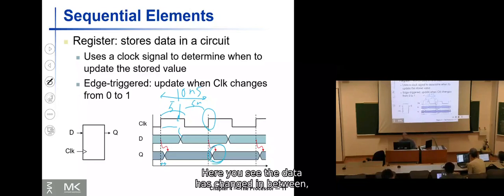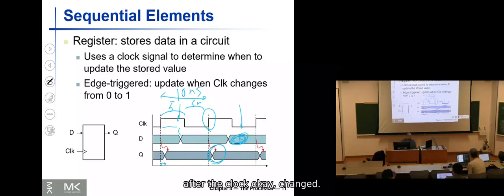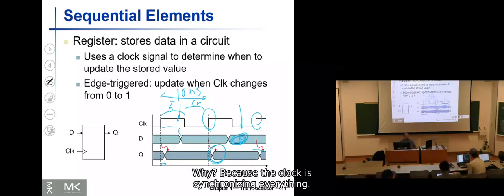And again, here you see the data has changed in between, let's say, for example, changed here after 7 nanoseconds, after the clock. So, okay, changed, but there is no clock. When clock is coming, it changes. So it is very good. Why? Because the clock is synchronizing everything.